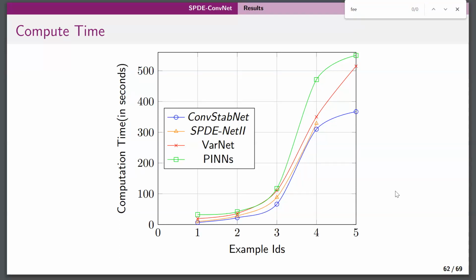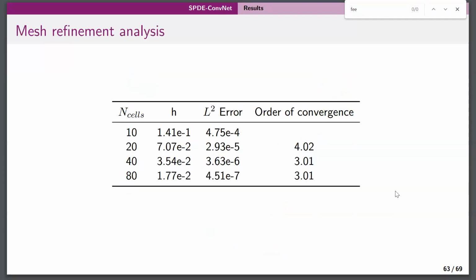Go ahead. In the last part, we have done the mesh refinement analysis for this scheme to check if it is numerically consistent, and we have obtained the optimal order of convergence for the P2 element.